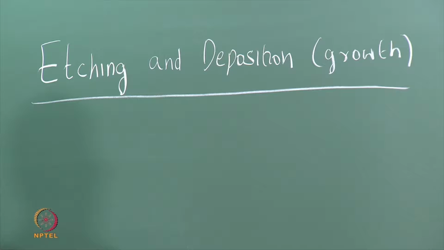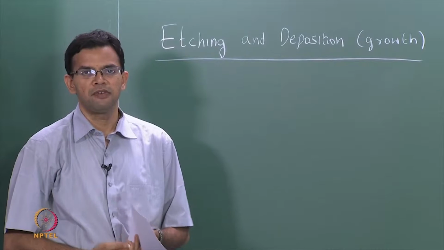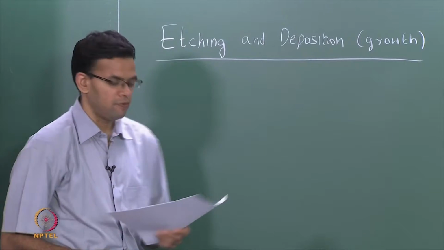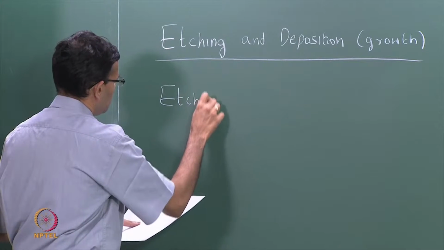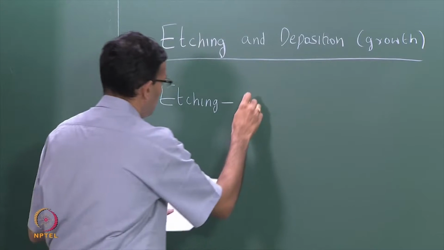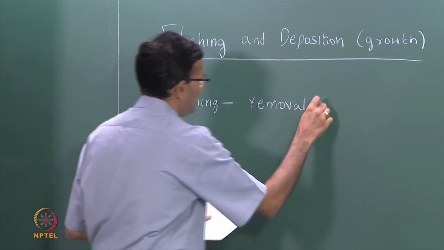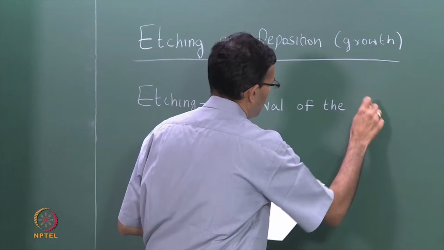We will first look at etching and then move on to growth. Etching can be defined as the removal of the material from the top of the wafer. Another way of writing it is that it is removal of the top layers from the wafer.